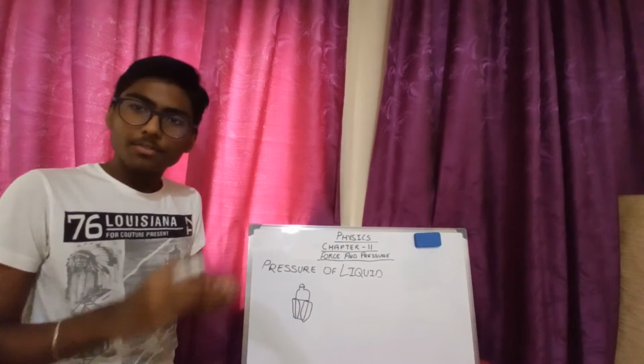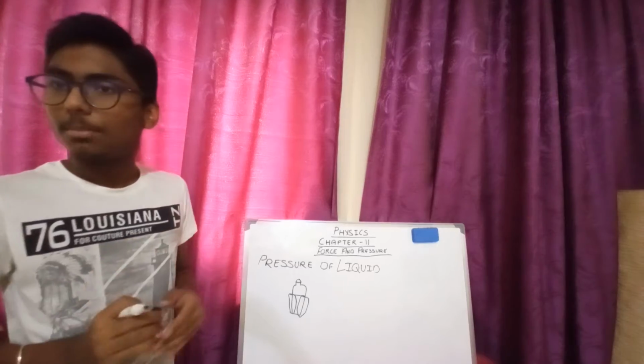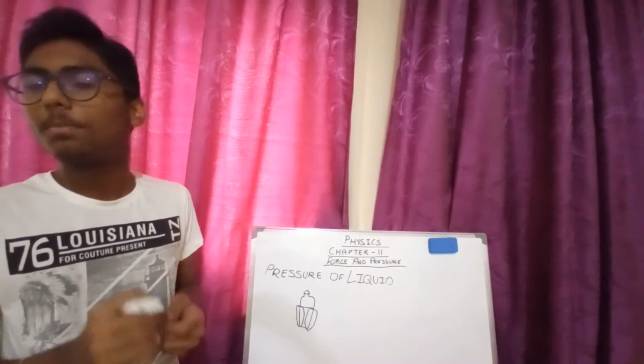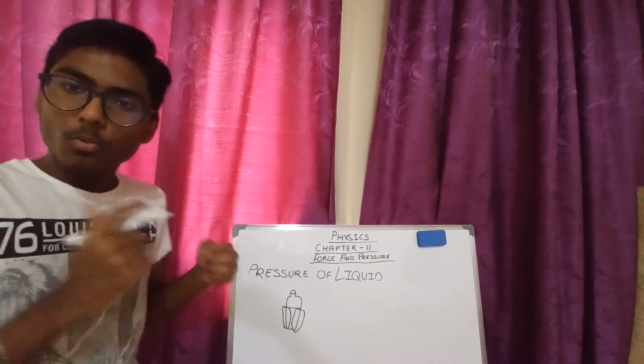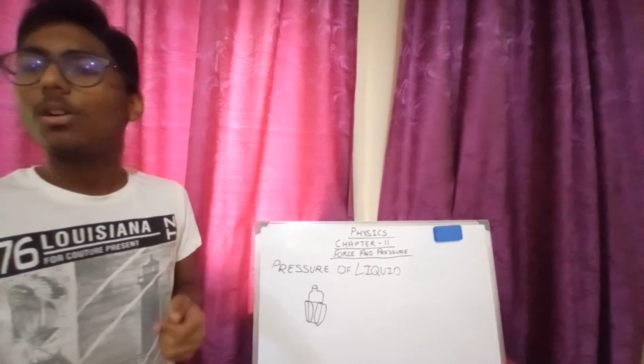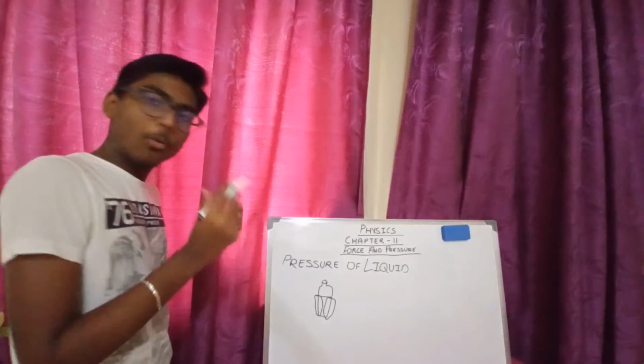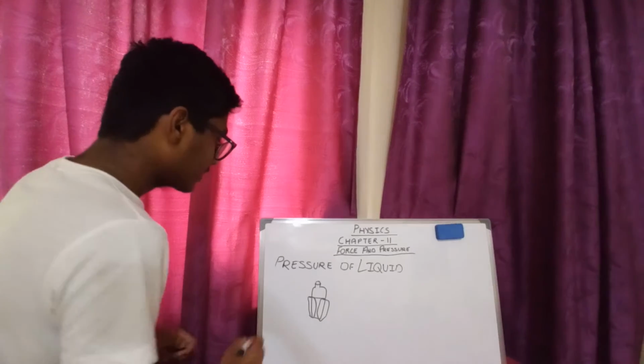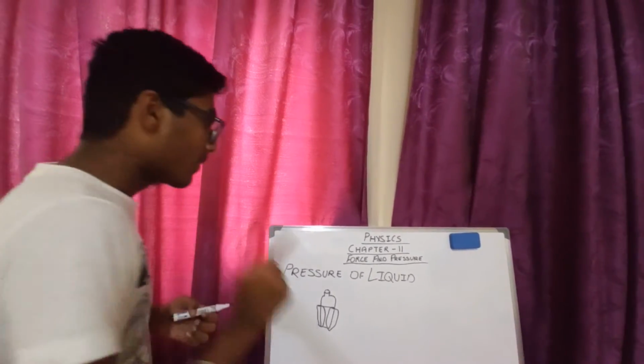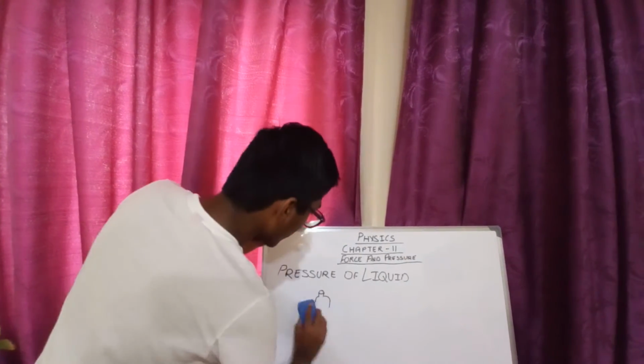Wherever the water is kept, that means in an object, they exert the pressure on that object or the walls of that container. So now we'll see how they exert pressure.